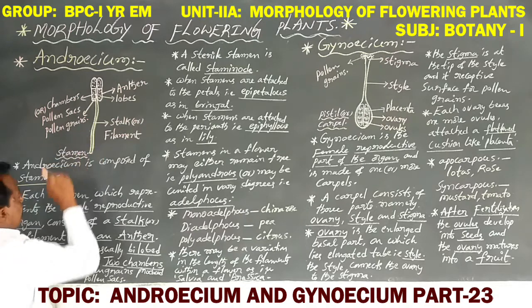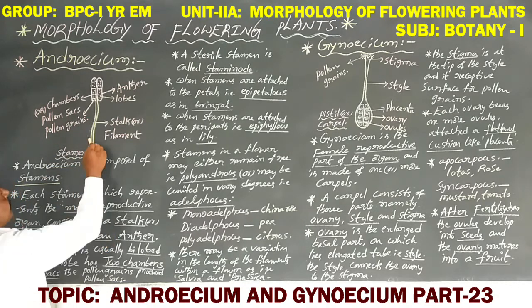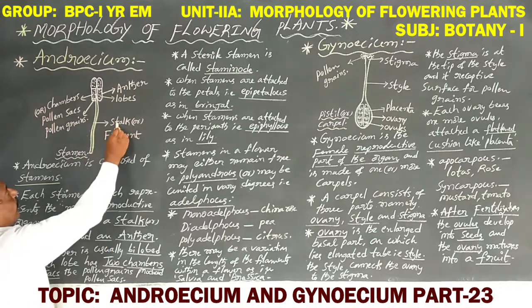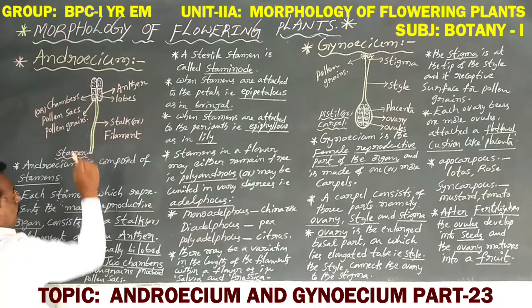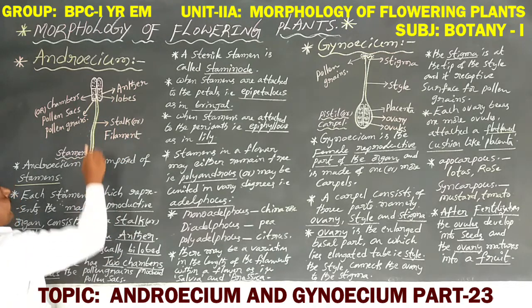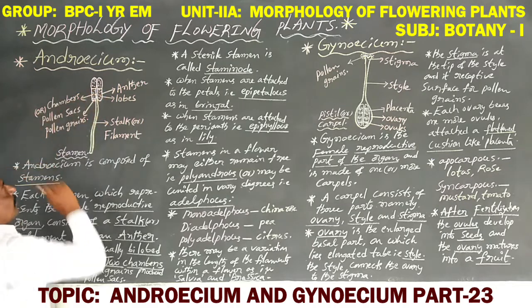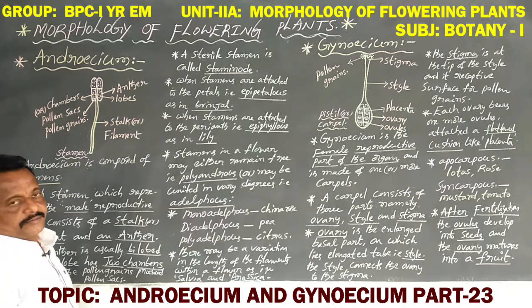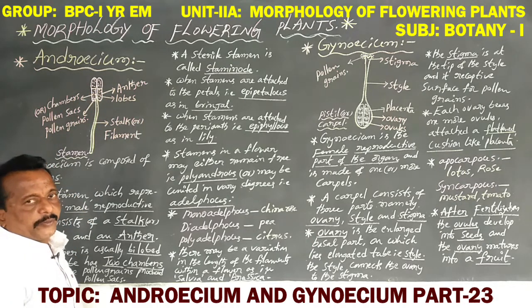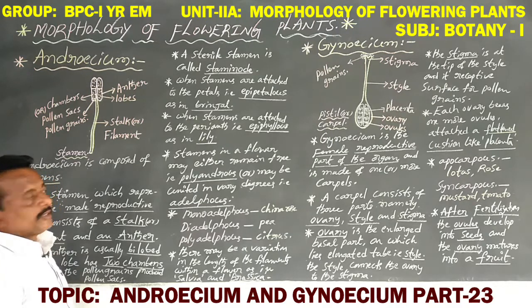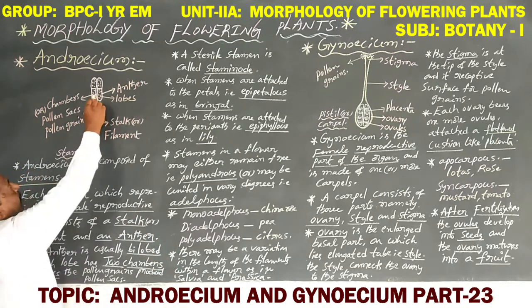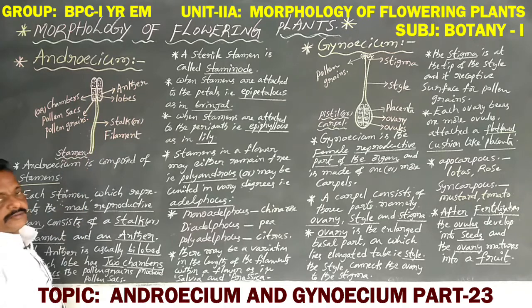This male reproductive organ consists of a stalk or filament, and an anther. The male reproductive organ, that is the stamen, consists of two parts.